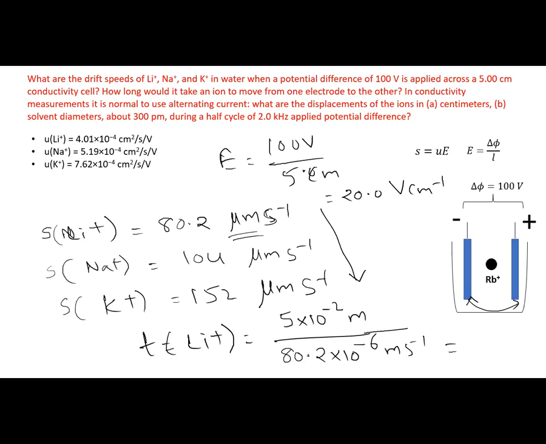If you do this math, you get approximately 623 seconds. Let's say approximately 600 seconds divided by 60 seconds, so it almost takes 10 minutes for each ion to go from one electrode to the other.